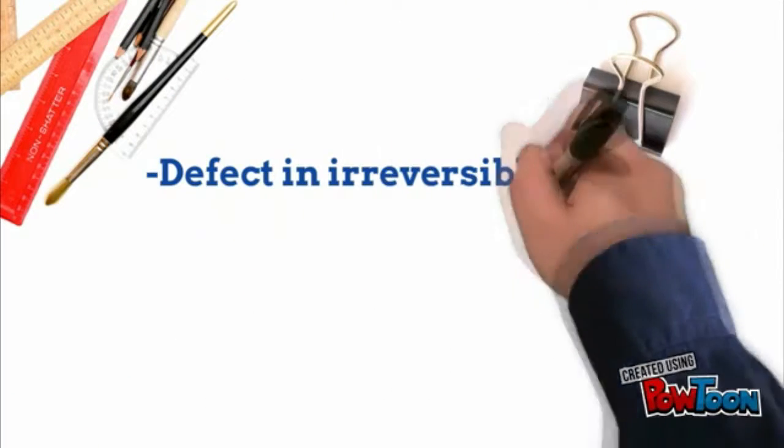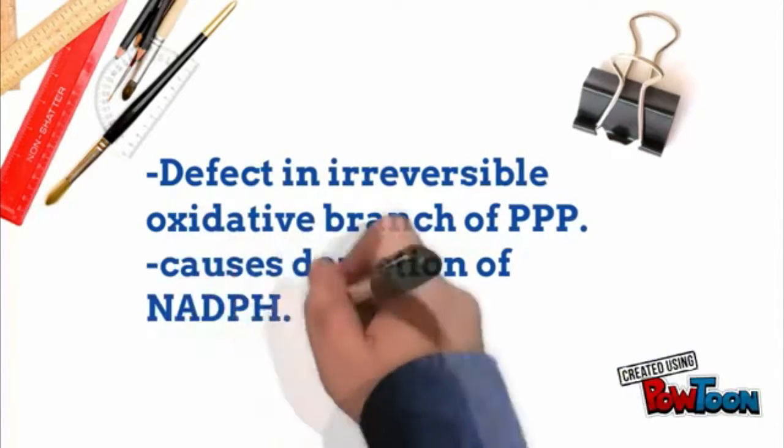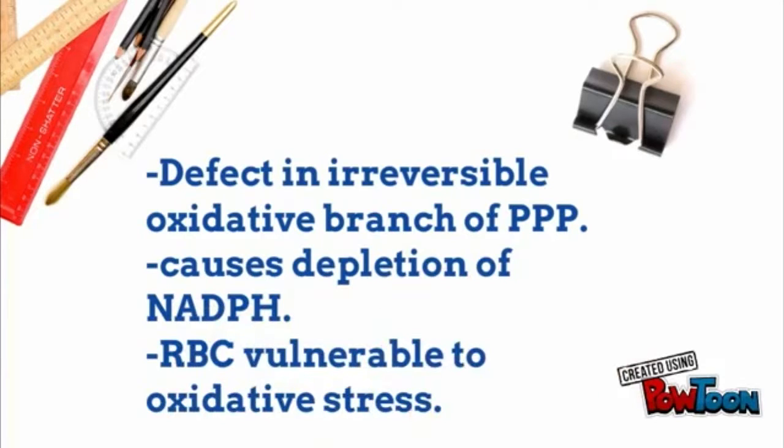In G6PD deficiency, there is a defect in the first oxidative branch of the pentose phosphate pathway, and this pathway is irreversible. As a consequence, NADPH production is decreased, making the red blood cell vulnerable to oxidative stress.